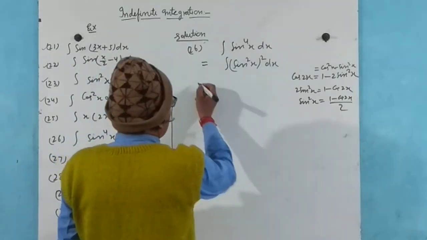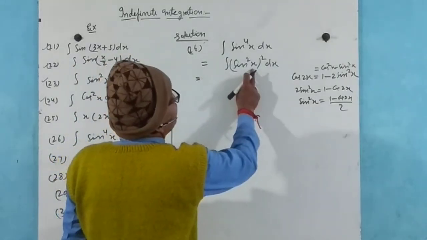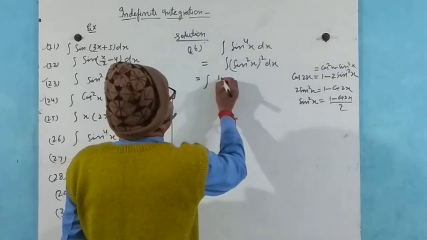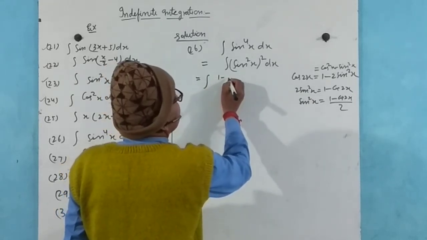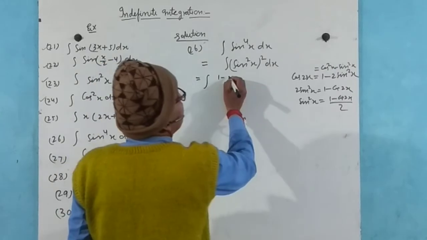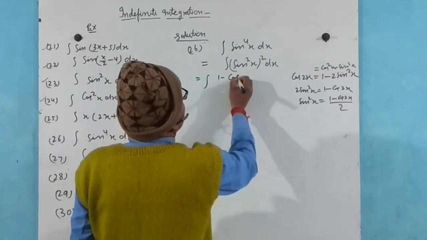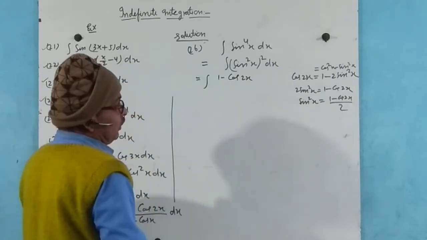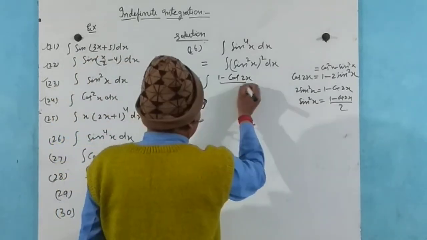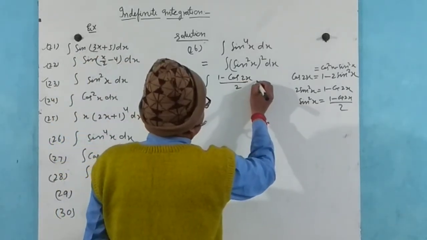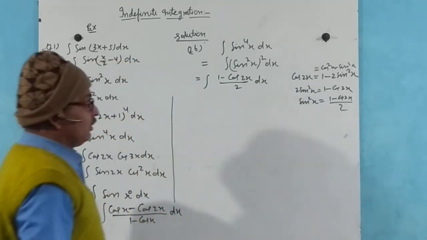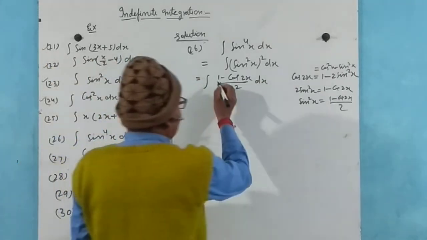Now sin square x, put this, integration of (1 minus cos 2x) divided by 2 dx, and square of this.